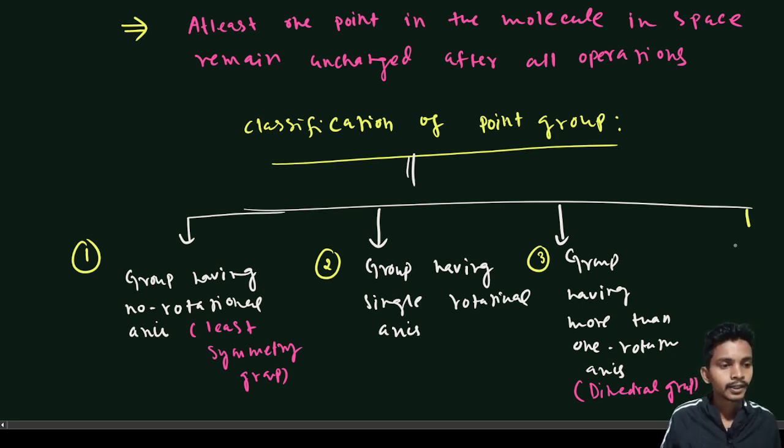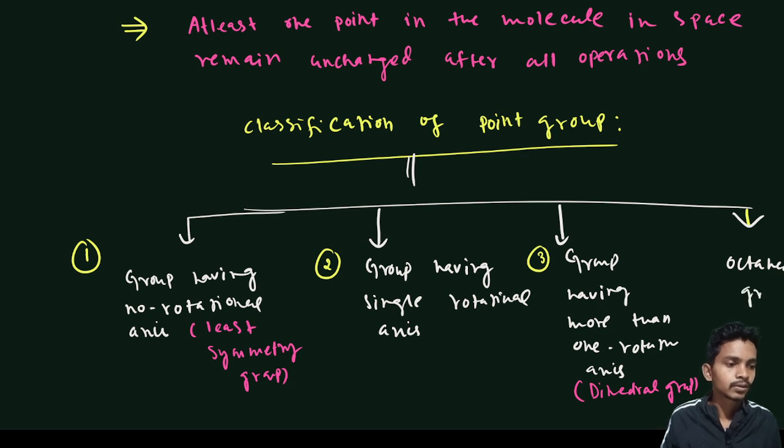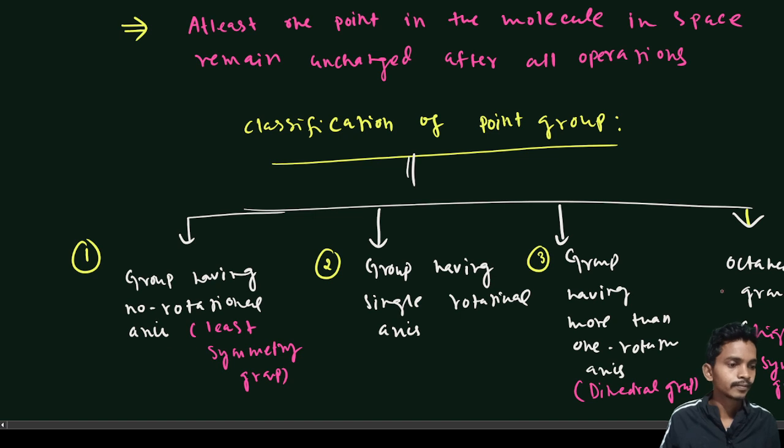And the last type is octahedral groups. They have a greater number of rotational axes, and these are highly symmetric groups. So I will discuss them one by one.